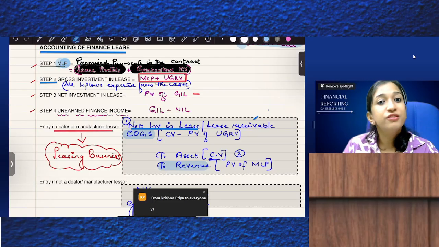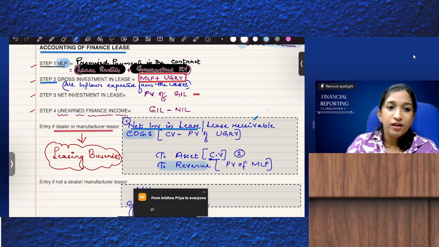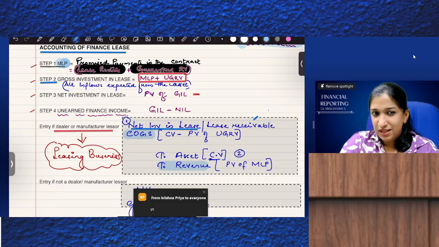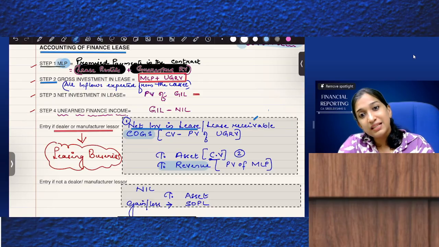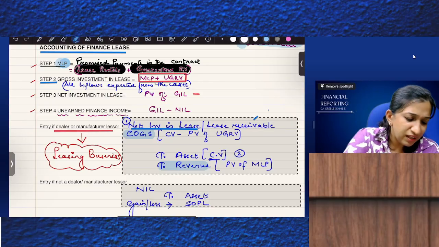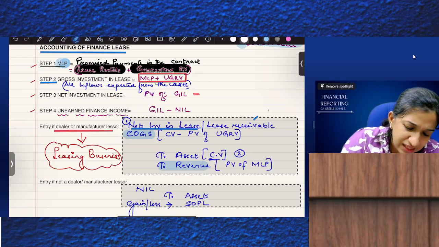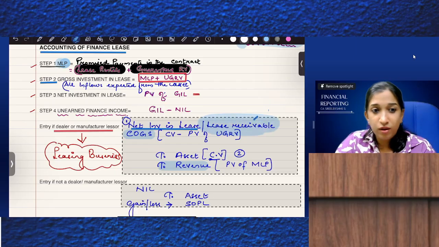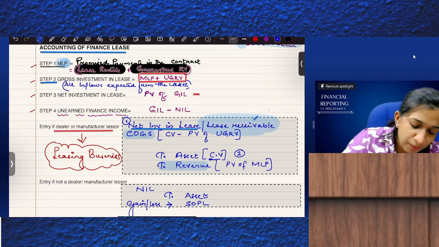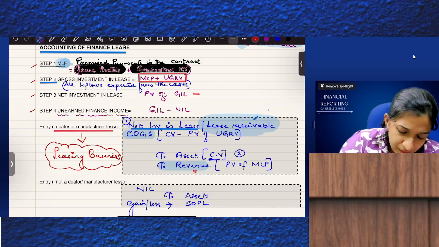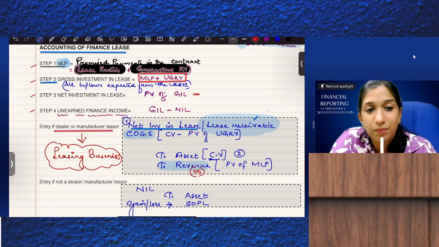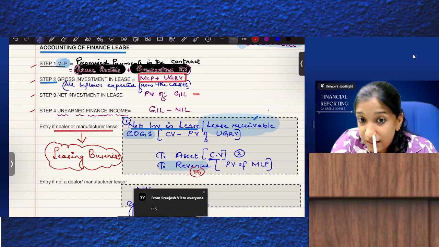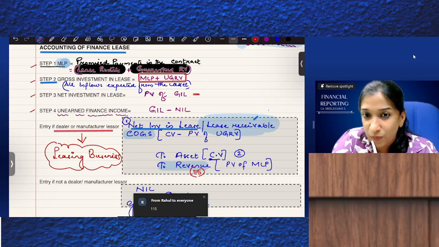So, net investment in lease to asset to revenue. How much will be recognized as revenue? We are taking the net investment lease receivable fully. Can I recognize it as revenue? No. Which standard is applicable to revenue? IND AS 115 is applicable.